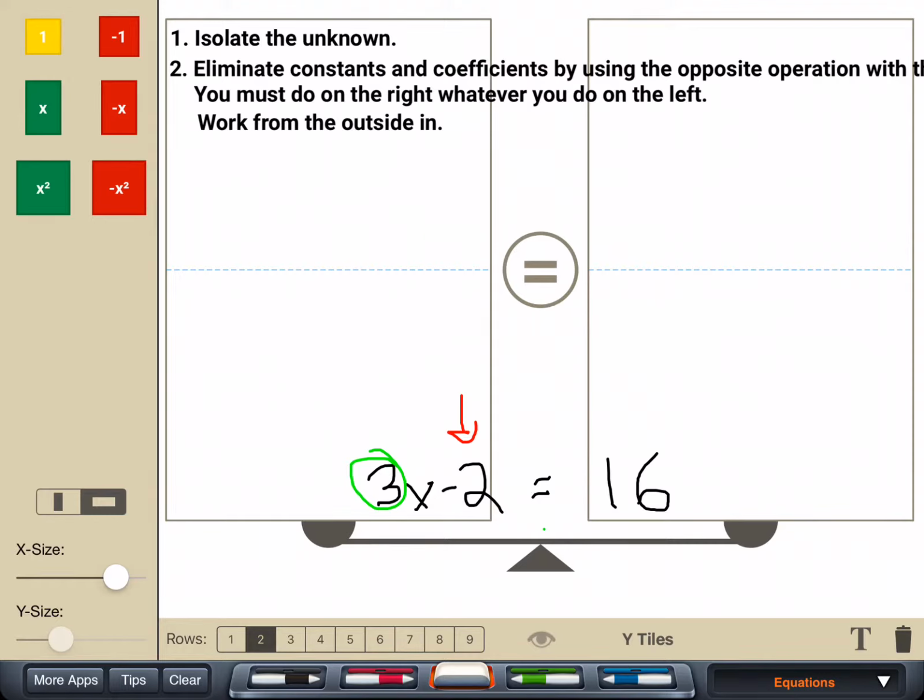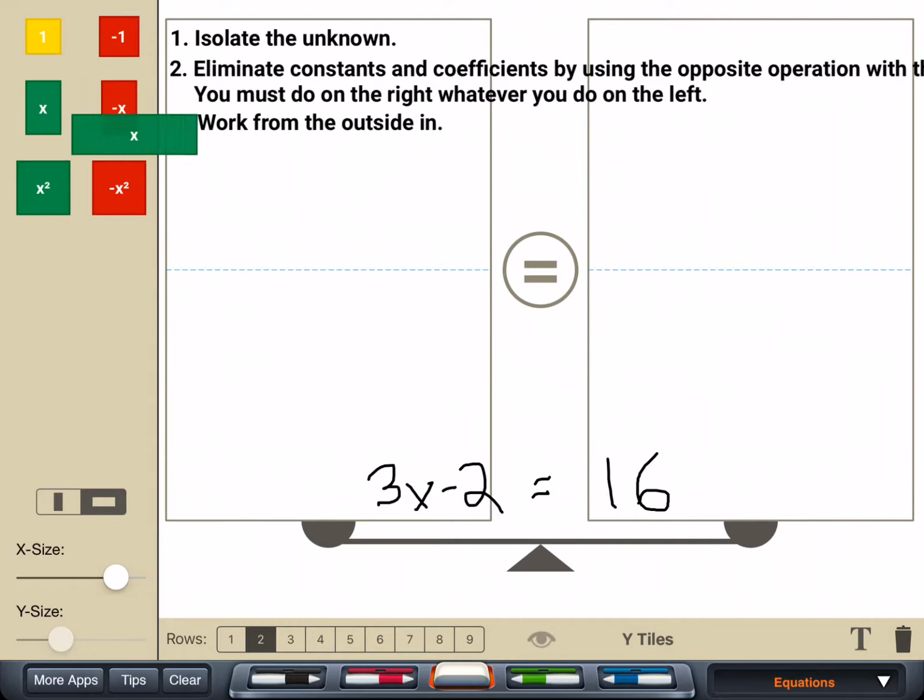So which of these, the coefficient 3 or the constant 2, is furthest away from the unknown? It's the 2. So we're going to work from the outside, and then work our way in closer to the unknown until we have the unknown left there. Okay? So let's take these rules and watch them again with this particular problem.